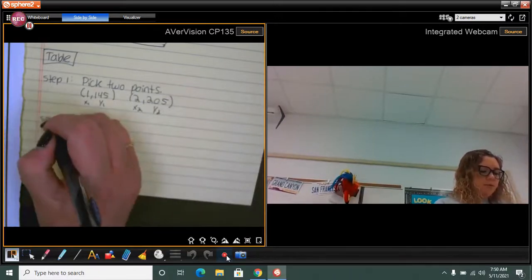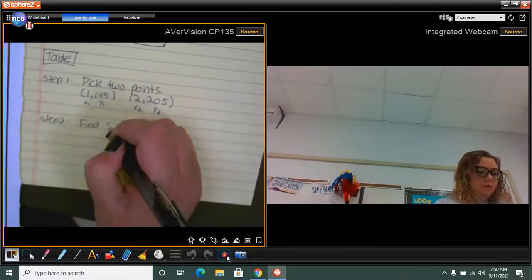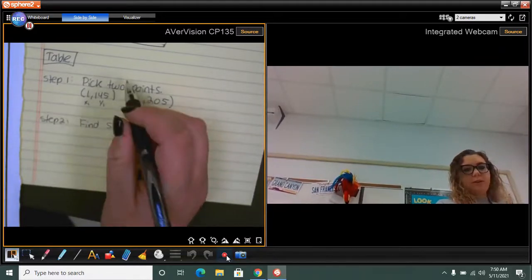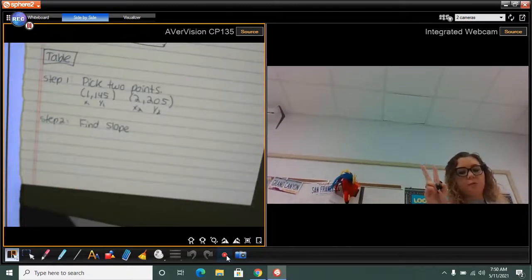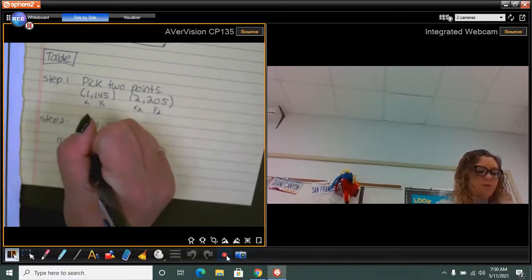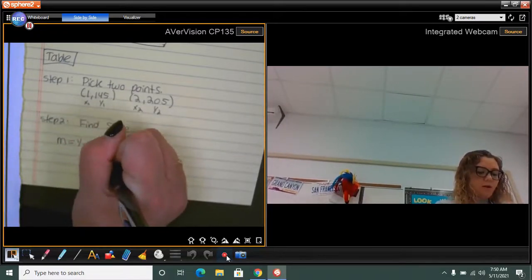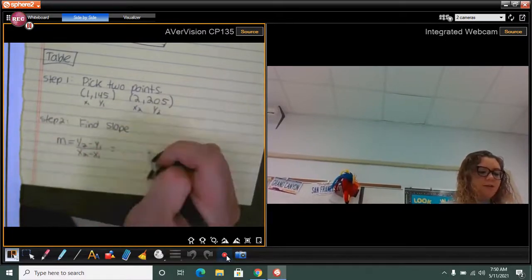Step 2, find slope. And again, we're going to do just like what we did up here. We're going to use not this one, but remember there's 2 slope formulas. If we're given the table, we want to use y2 minus y1 over x2 minus x1. Plug in your values.